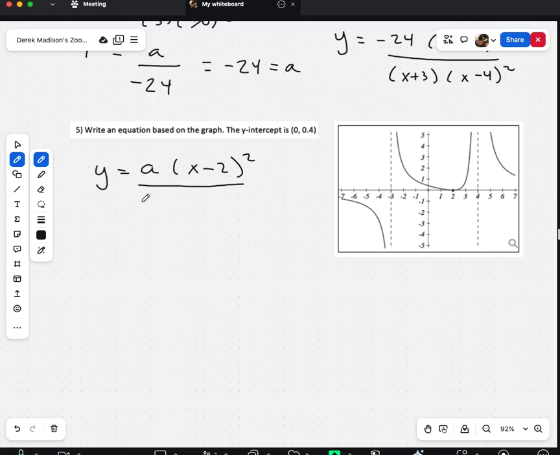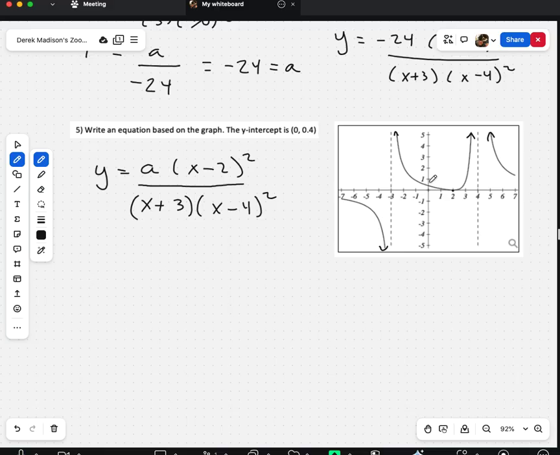Vertical at negative 3, so that means we have an x plus 3. And going opposite direction, so it's to the first. Then we're going to have an x minus 4. And that one's going to be squared because both sides are heading up like 1 over x squared does.